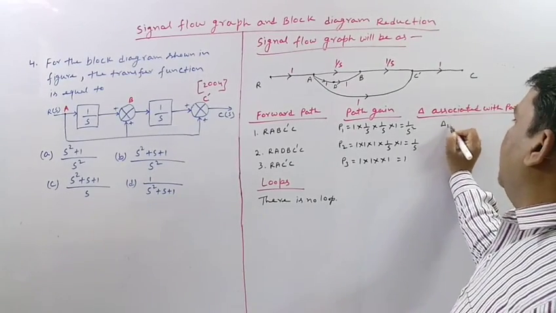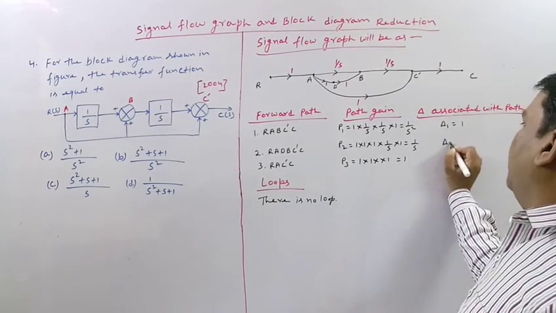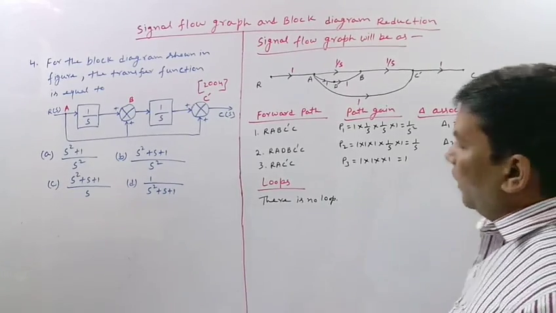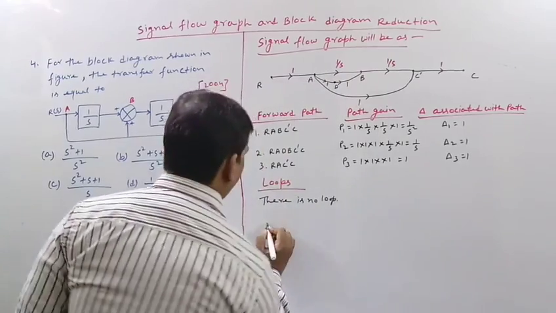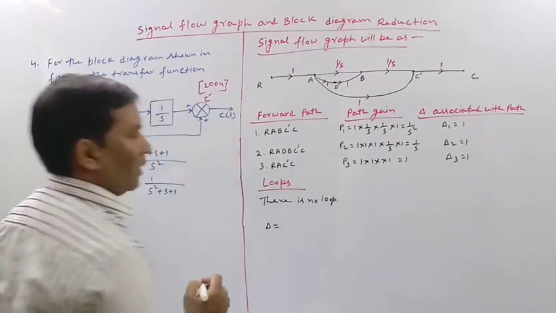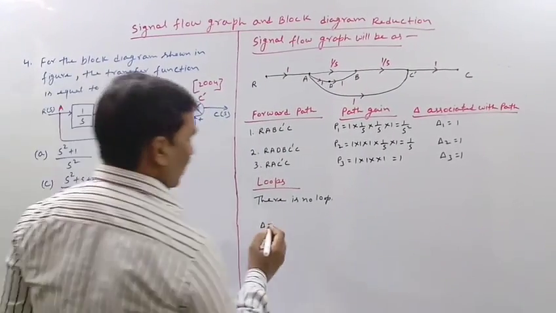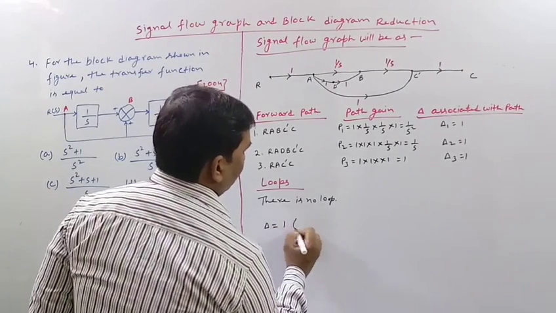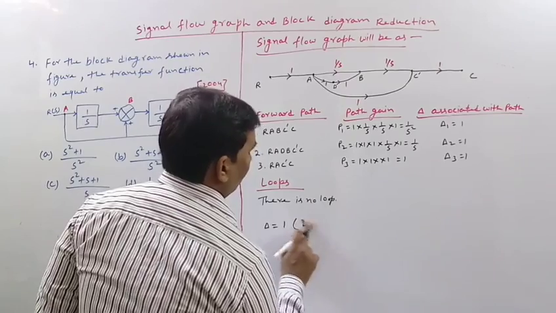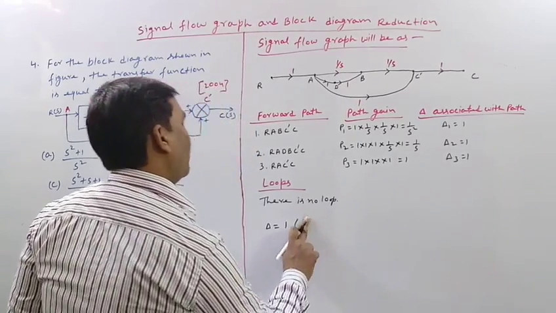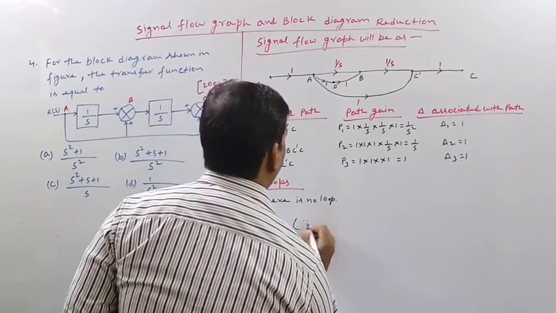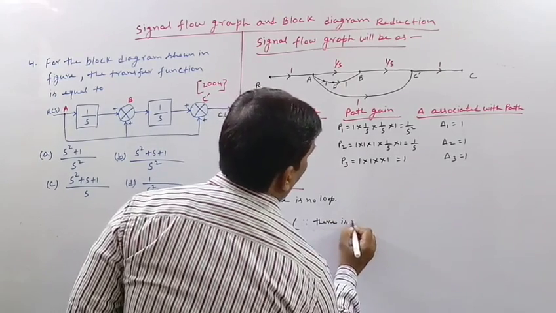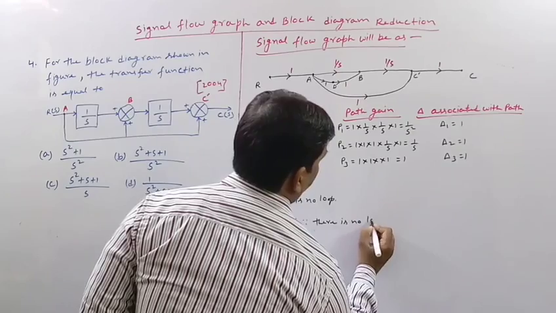Delta 1 will be 1, delta 2 will also be 1, and delta 3 will also be 1. And delta will also be 1, since no loop exists.